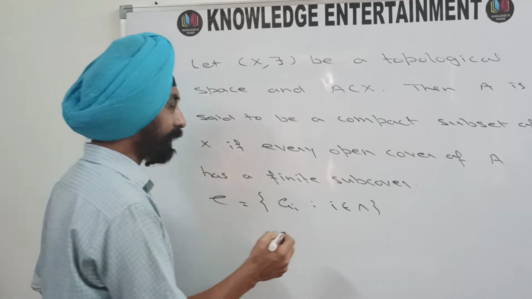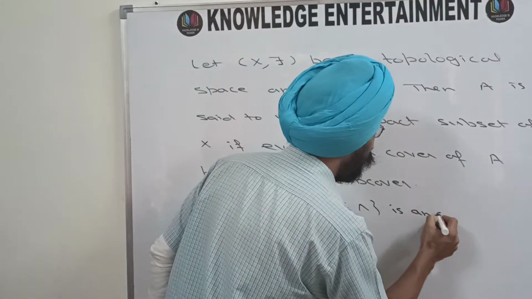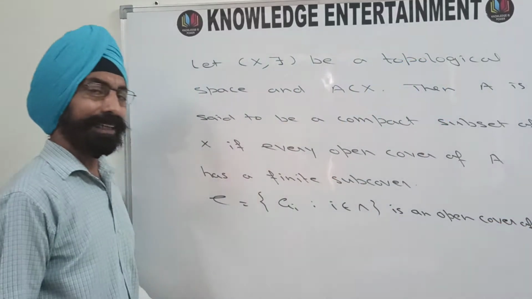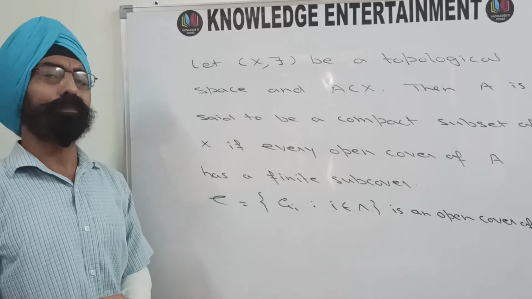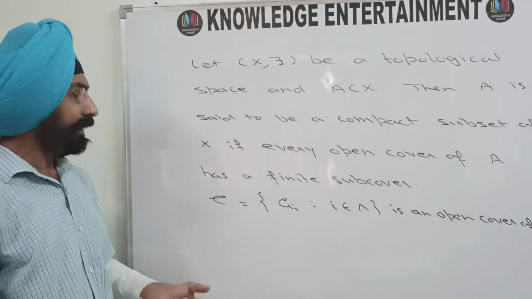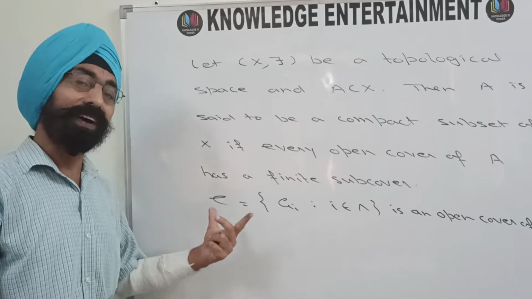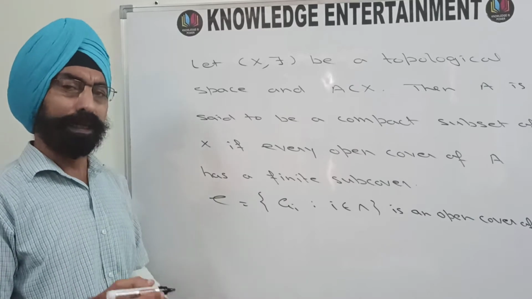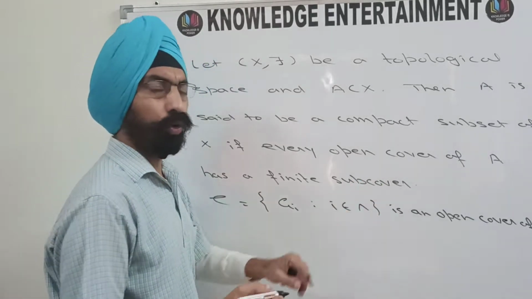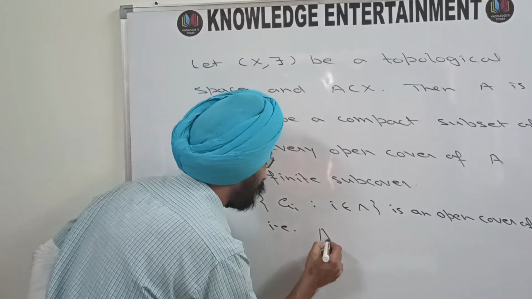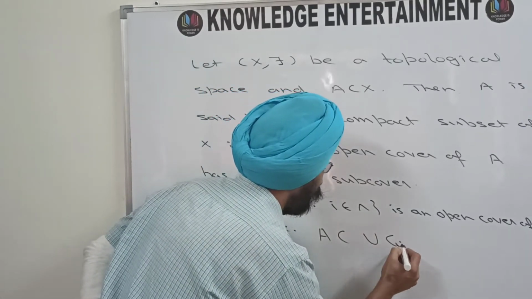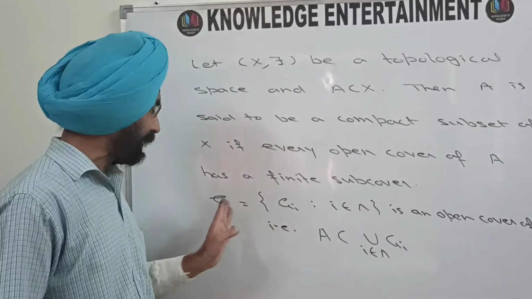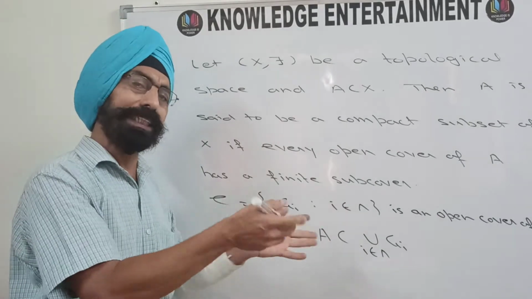So it is an open cover of A, and if A is to be compact, then we must have a finite subcover of this cover C. I'll explain more clearly. So here C is the open cover. That means A is covered by the members of this collection. So A is a subset of union Gi, where i belongs to lambda. That means A is a subset of the union of members of C. So C is a cover.